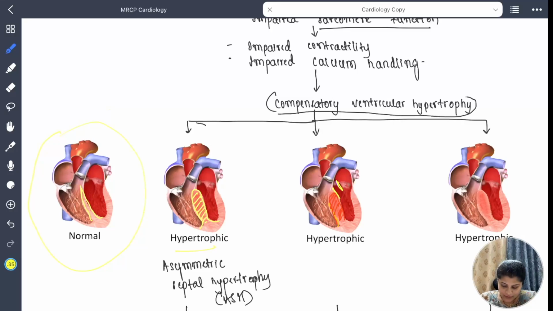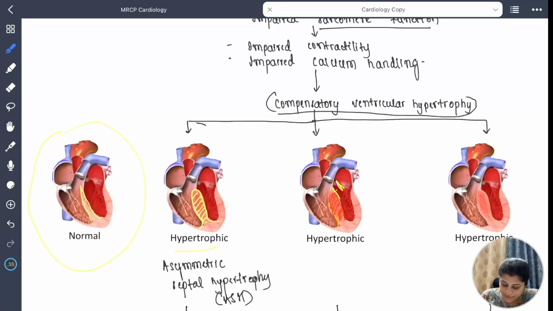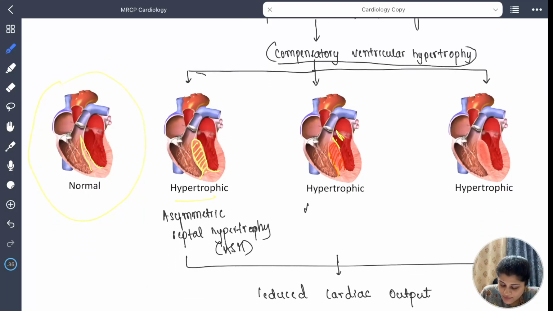This is where the aorta starts. Because of the hypertrophy of the septum, it is obstructing the left ventricular outflow tract. So the second thing that you see is left ventricular outflow tract obstruction.